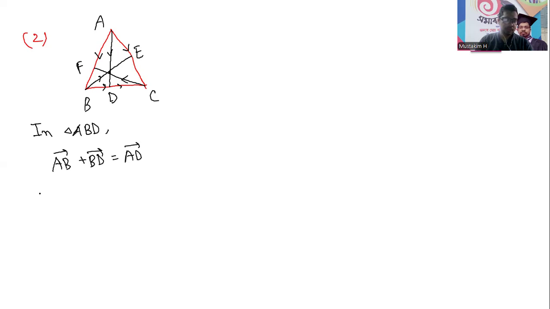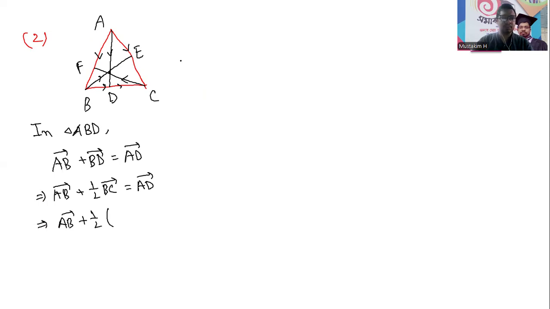Now we will write AB vector plus BD, which is half of BC, equal to AD. That means AB vector plus half of BC.